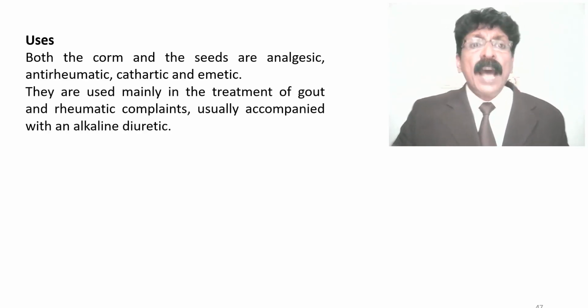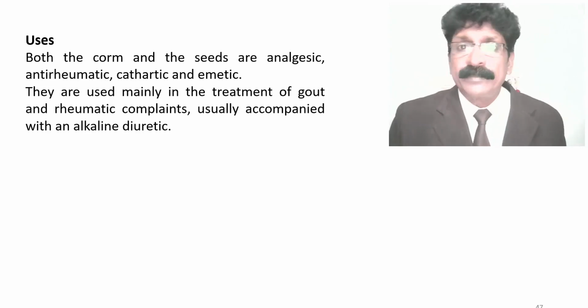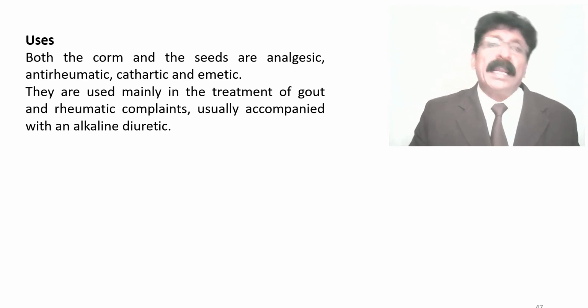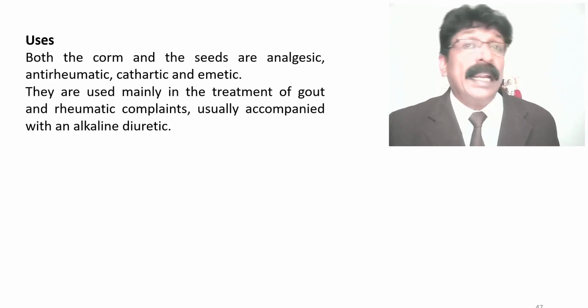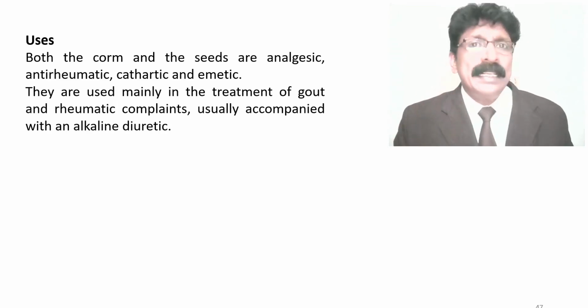They are used mainly in the treatment of gout and rheumatic complaints, usually accompanied with an alkaline diuretic. It can be used for all medicinal purposes, but it is teratogenic.